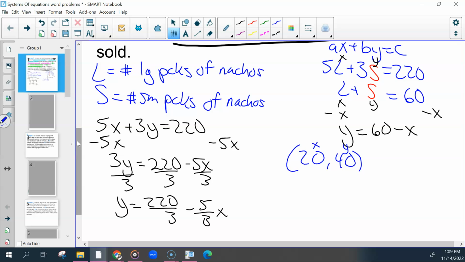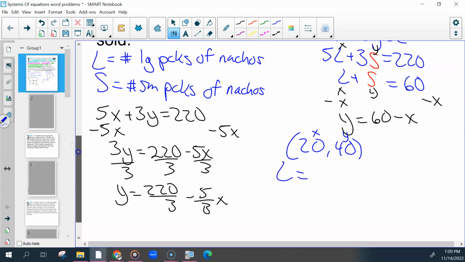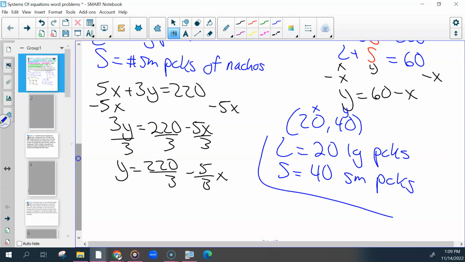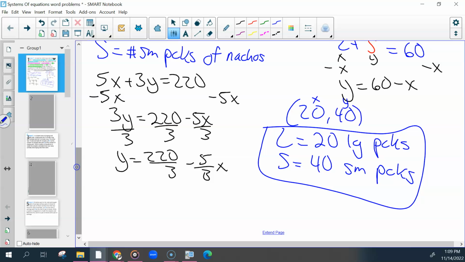X was L, that means L is 20 large packs. Y was S. So S is 40 small packs. And the rest of the work, you would just say you graphed it.